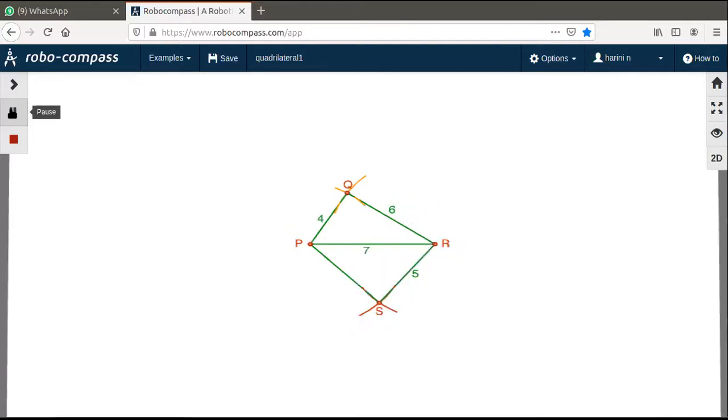You will get your second triangle below PR. So is my quadrilateral ready? PQRS. Two triangles drawn with PR as the base, we could complete our quadrilateral. So when four sides and one diagonal of a quadrilateral is given, we know how to construct the quadrilateral.